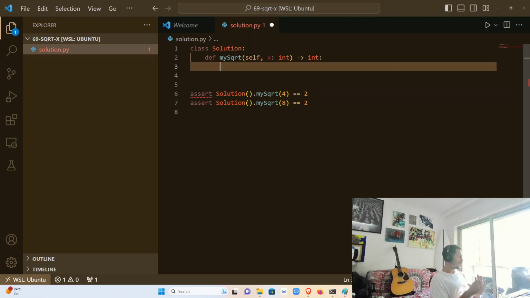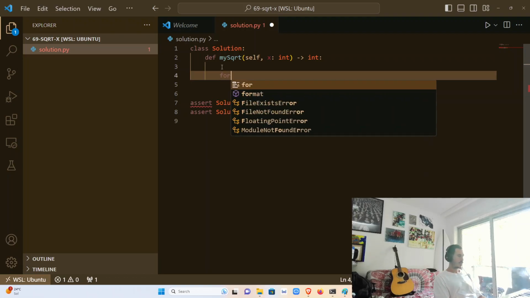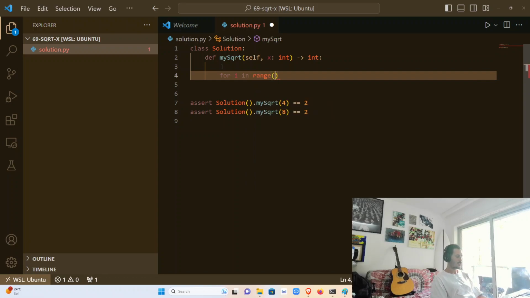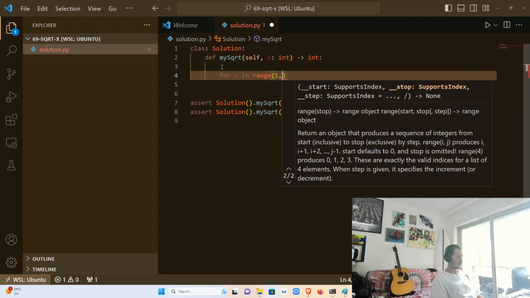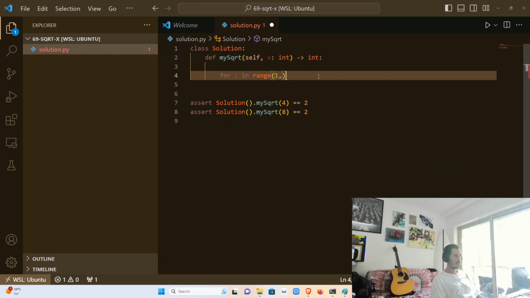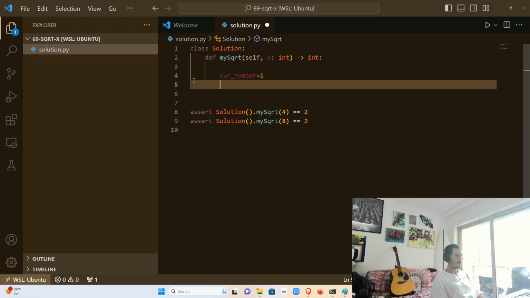But since we can't do this, what we can do is, well, let's just try to see what number squared is immediately superior to x. So for a in range from 1 to, well, infinity, I would say. So let's start with current number equals 1, while true.